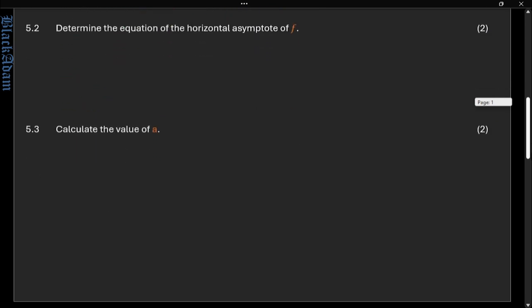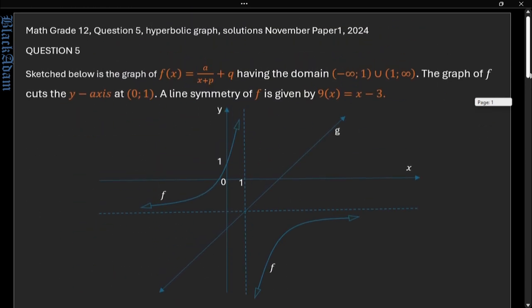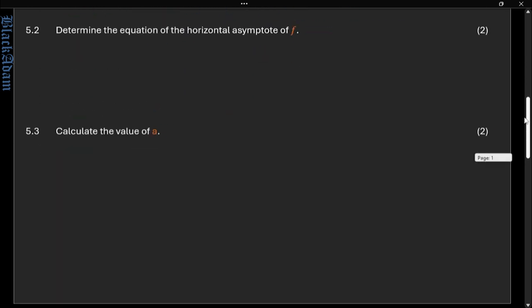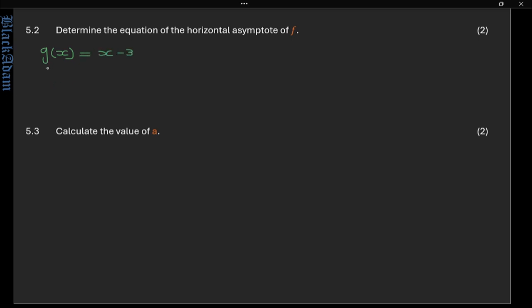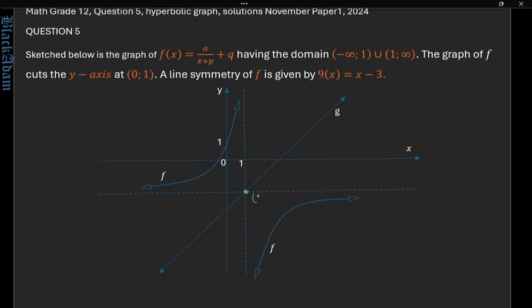And then moving on to 5.2, we have the point there. We need to know what value y is at that point, and we have this equation, g of x. So g of x is equal to x minus 3, and g of x is equal to 1.